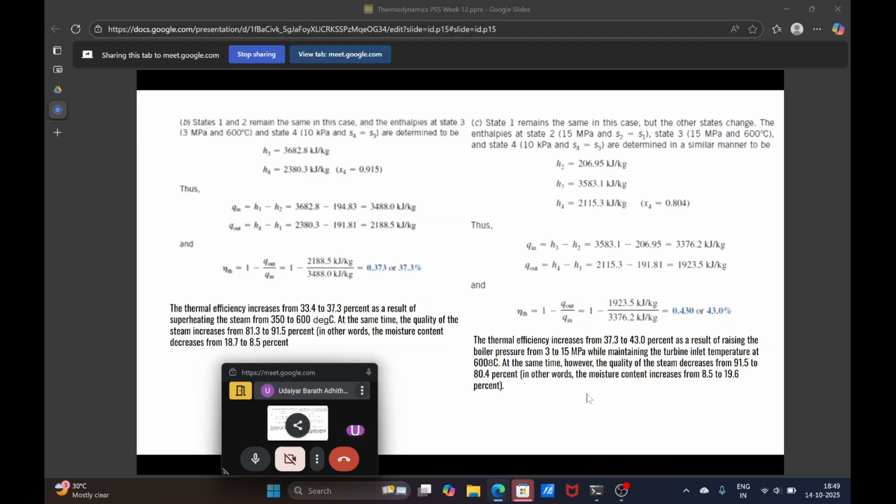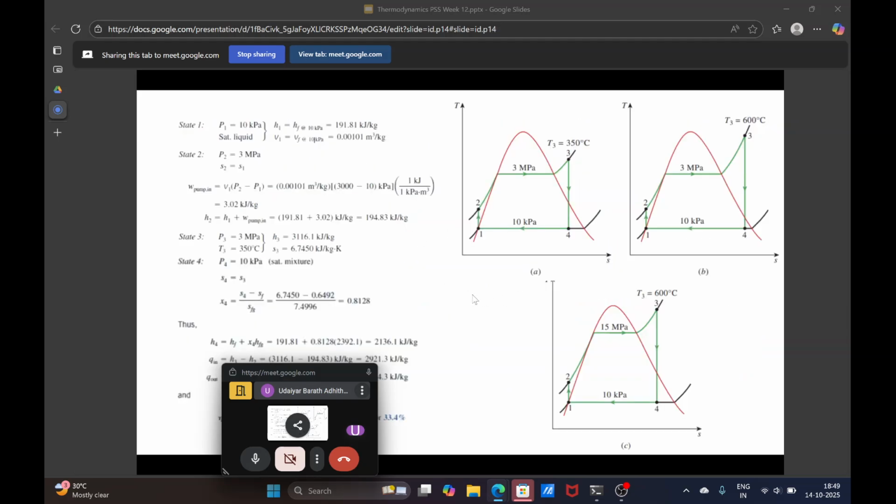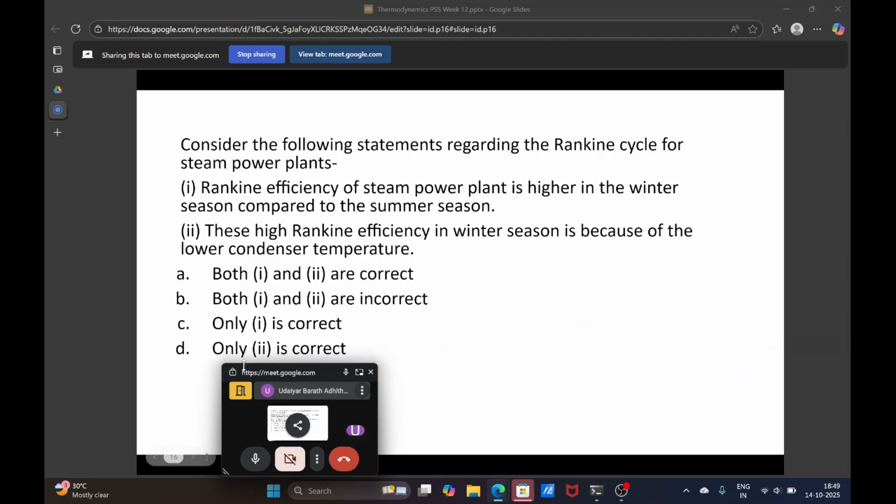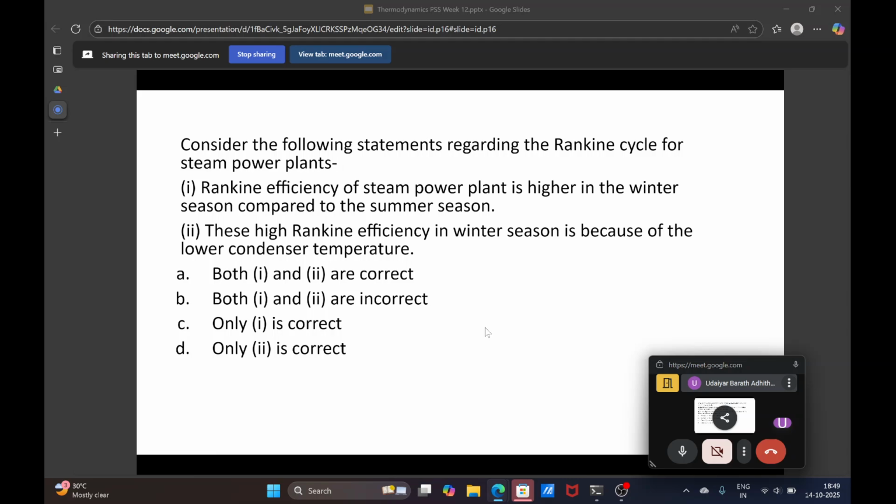But doing so, we need your temperature to be very high, and that requires your source temperature to be at very high temperatures, which is difficult. So that's one of the options. So that is regarding the Rankine cycle.